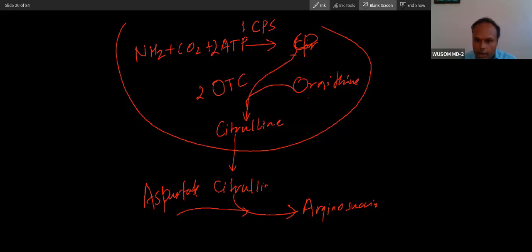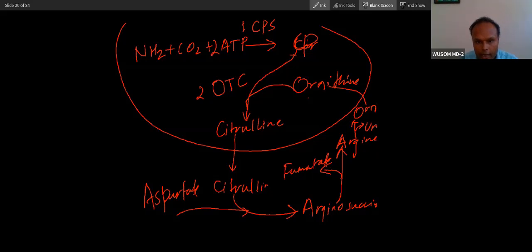This arginosuccinate will convert into arginine, and what is removed is fumarate. So this arginine will convert into ornithine, and what is released is urea.